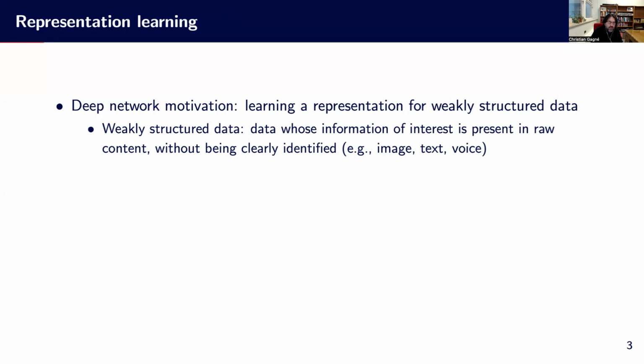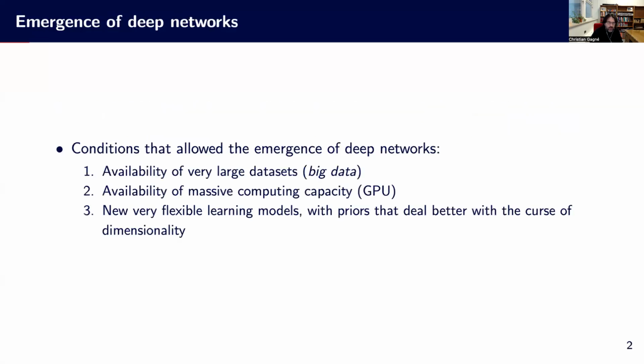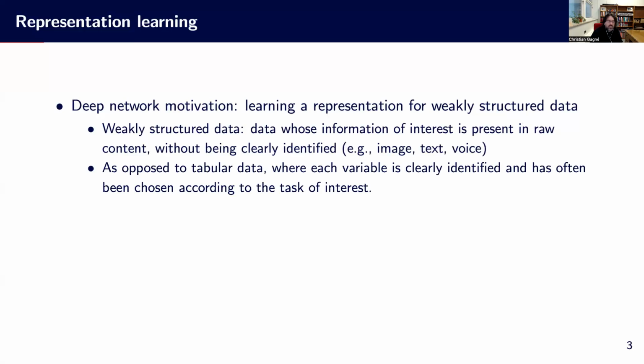Think about images, text documents, voices. These are types of data that are not directly usable, say, with an SVM or a simple multi-layer perceptron with 2 layers, the things that we saw before. This is opposed, in fact, to tabular data, where each variable is clearly identified.